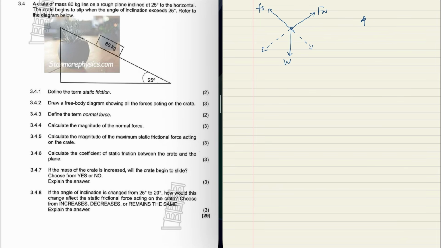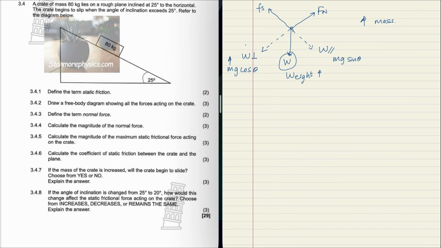So if we increase the mass, surely then that's going to have an effect on the weight. The weight is going to increase. Now let's consider what effect that's going to have on W perpendicular and W parallel. W perpendicular is mg cos theta, and W parallel is mg sine theta. If I increase the mass, it means that mg cos theta will increase.